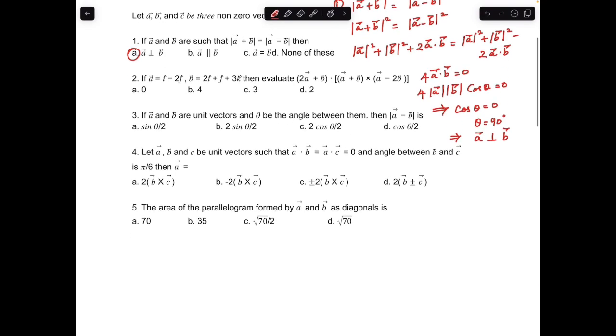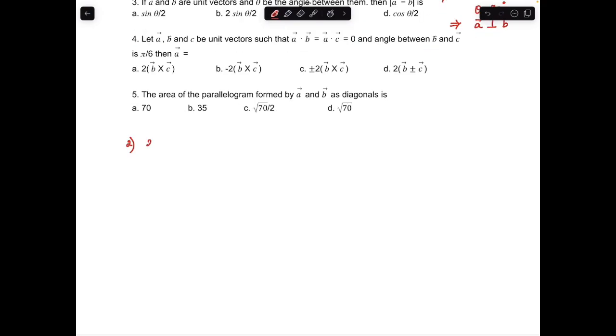Question number 2. If A vector is equal to, B vector is equal to, then evaluate an expression is given. So in this I see 2A and 2B. 2A is equal to 2 times I minus 2J, which is 2I minus 4J.